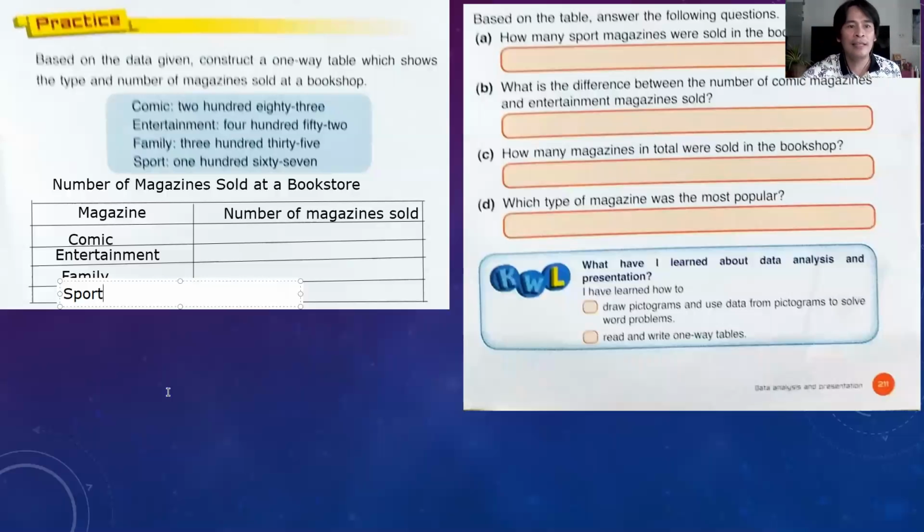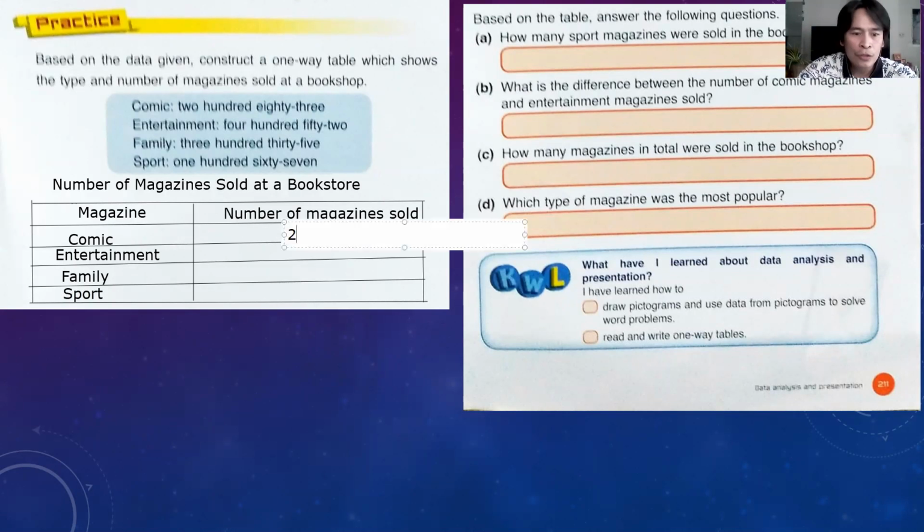Okay, sport. Next. How many comic magazines? 283. Okay, next. Entertainment. 452. Okay, can you say easy breezy?